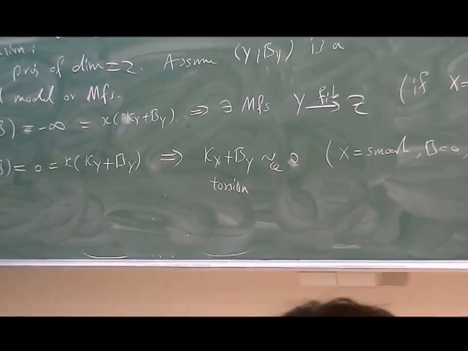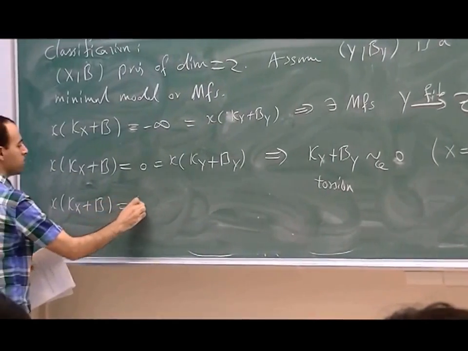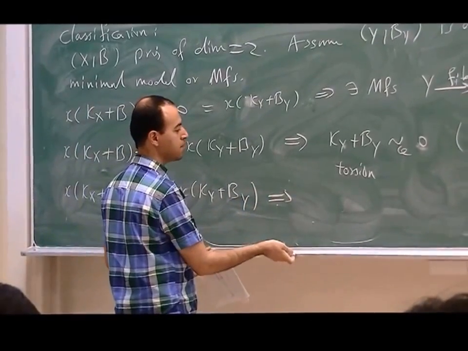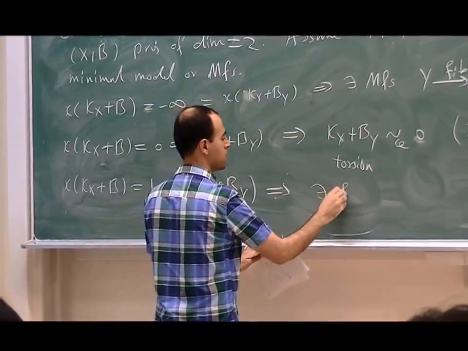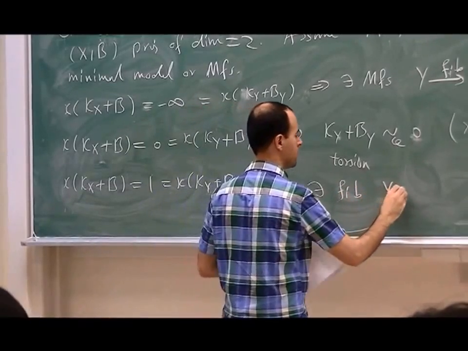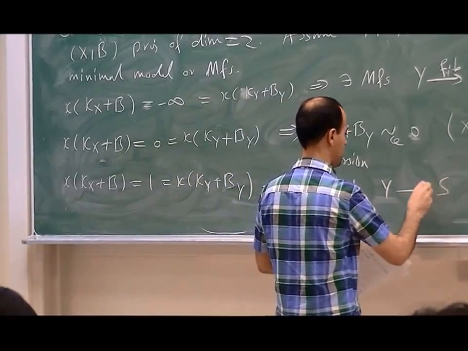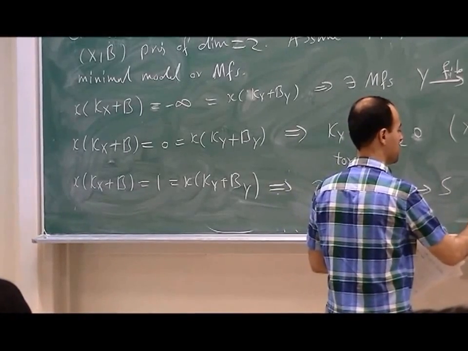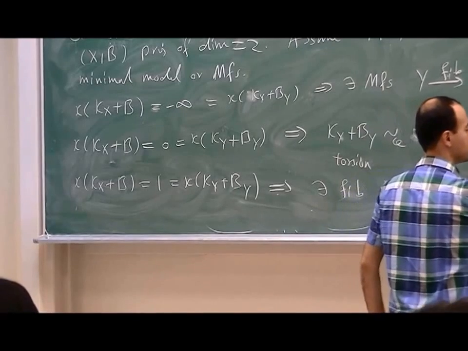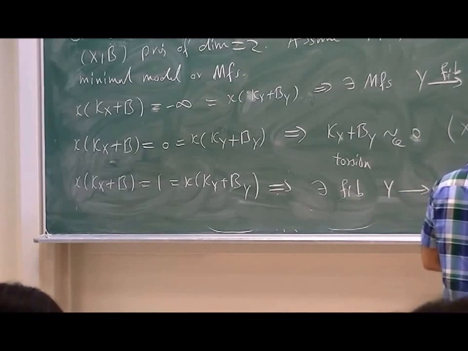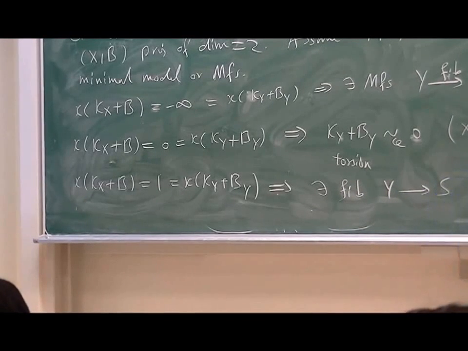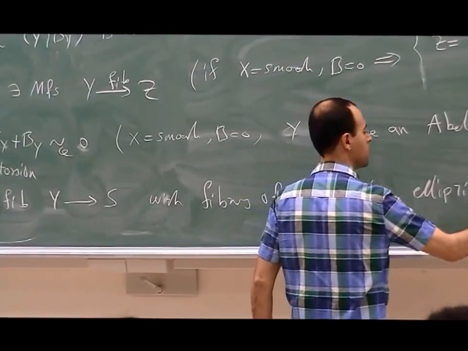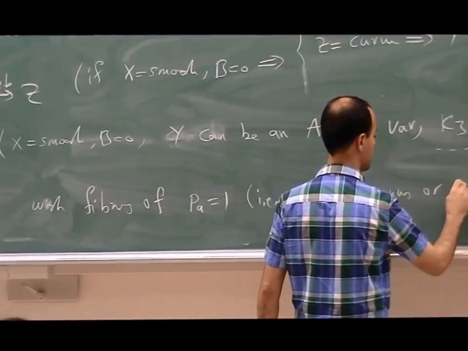And then when Kodaira dimension is 1, then you have some elliptic fibration, with fibers of arithmetic genus 1, for instance, just an elliptic curve, or a singular rational curve.